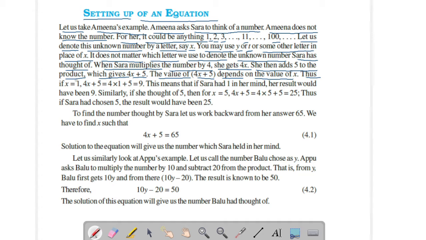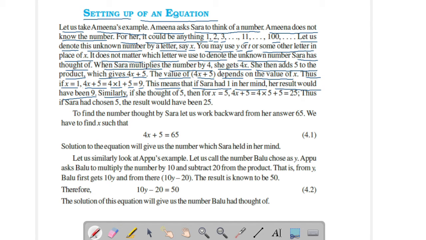Thus, if x is equal to 1, 4x + 5, replacing x by 1, can be written as 4 × 1 + 5, that is 9. This means that if Sarah had 1 in her mind, her result would have been 9.